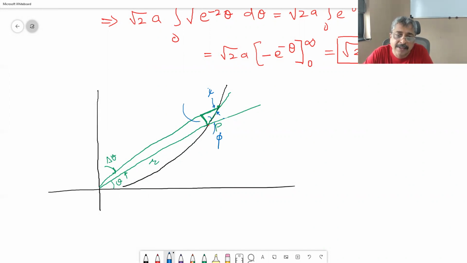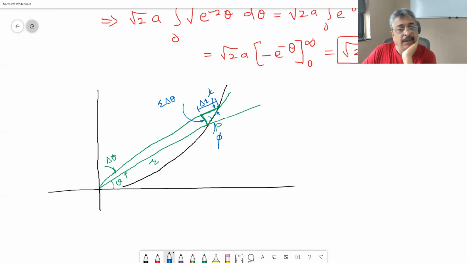How much is this length? This length is r delta theta. And how much is this length? It is delta r, the increase in the radius.